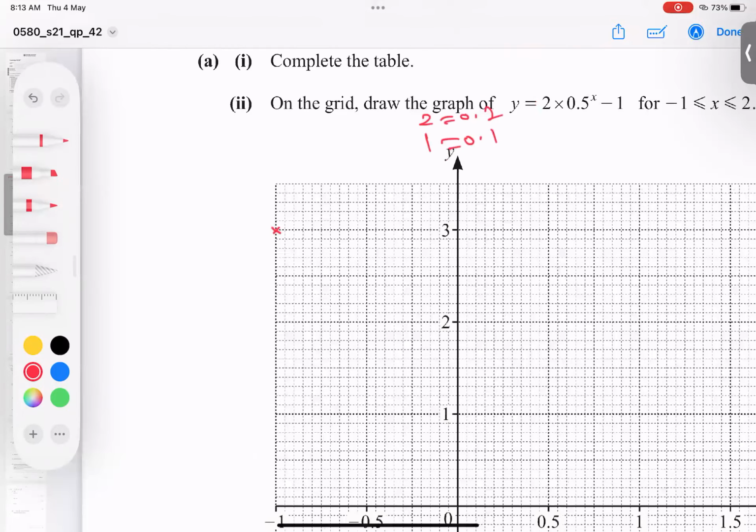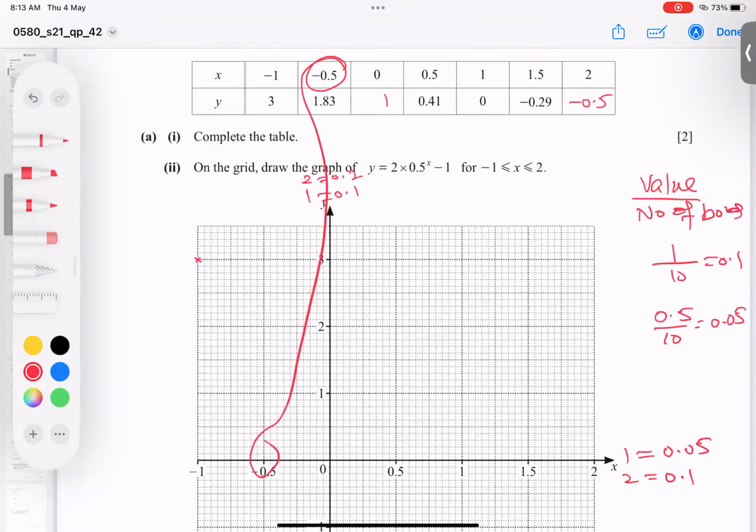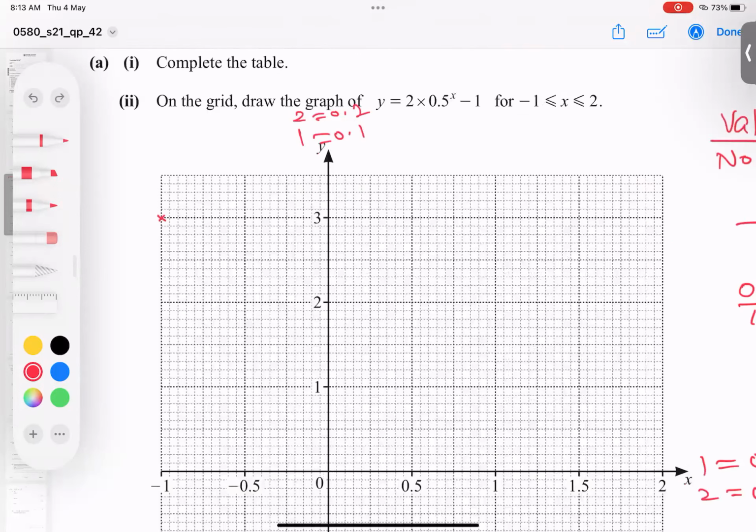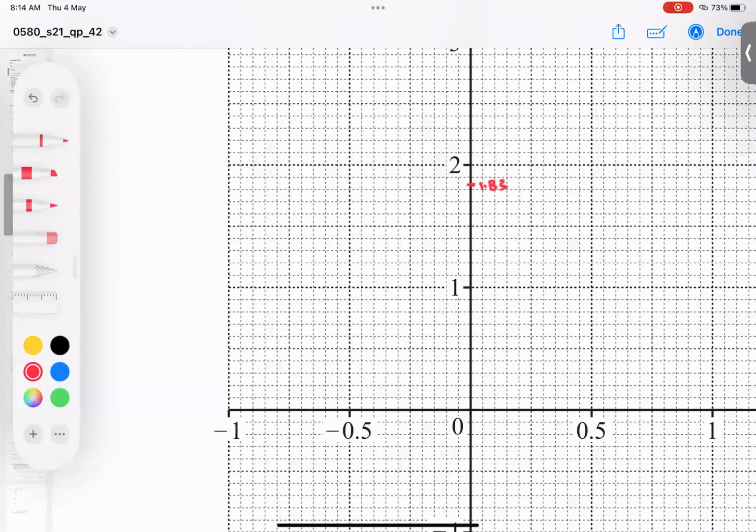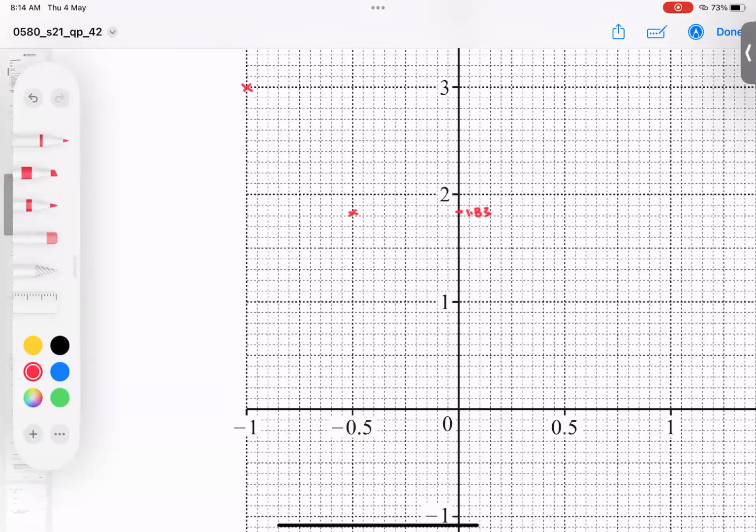Next point is x is negative 0.5 here, and y is 1.83. So it is meeting somewhere here. So this is also clear.